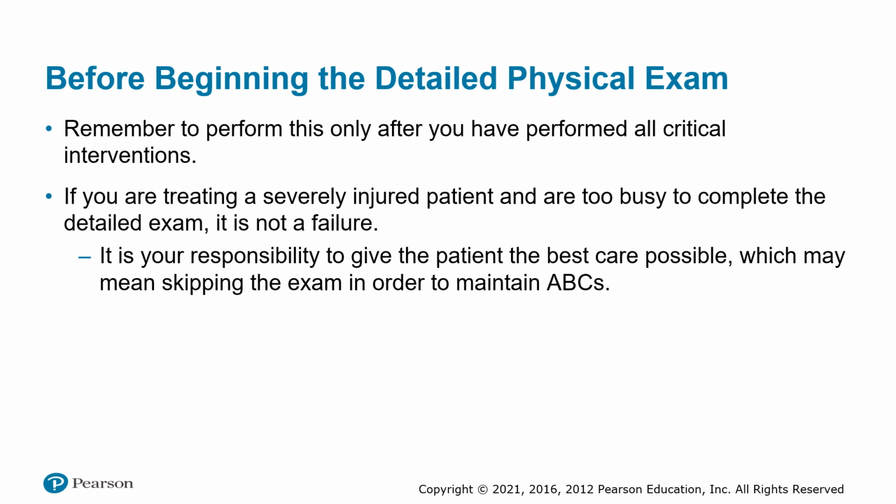Before beginning that detailed trauma exam, remember to perform this only after all critical interventions have been done. And if you are treating a severely injured patient and are too busy to complete the detailed exam, it's not a failure. You just had too much to do.